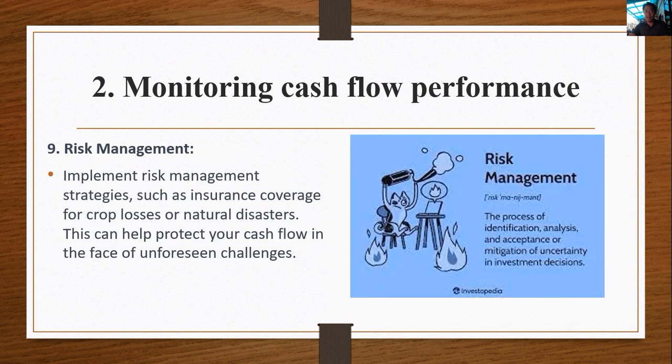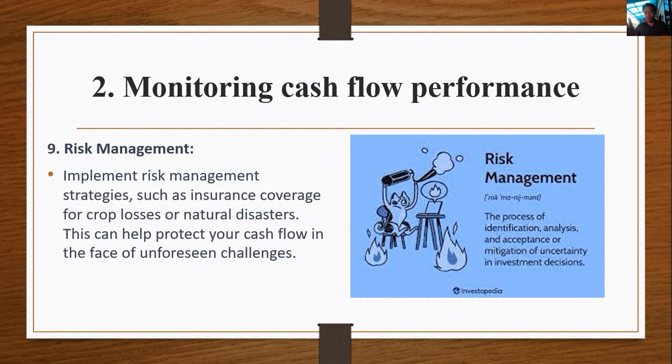Next, class, is risk management. Risk management is when you implement a strategy by mitigating what we call the risk, such as insurance coverage for your crop losses or natural disasters. This can help protect your cash flow in the face of unforeseen challenges.